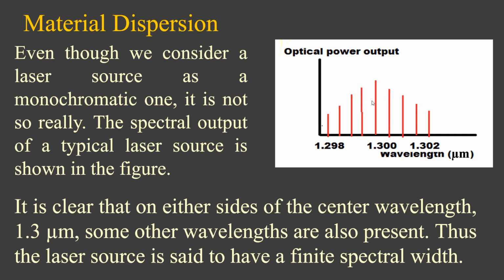The actual power output of the laser is shown here. You can see that 1.300 micrometer is the central wavelength. On either side of this central wavelength, the wavelengths are spread. The output of the laser source has wavelengths which spread from 1.298 to 1.302 micrometer.